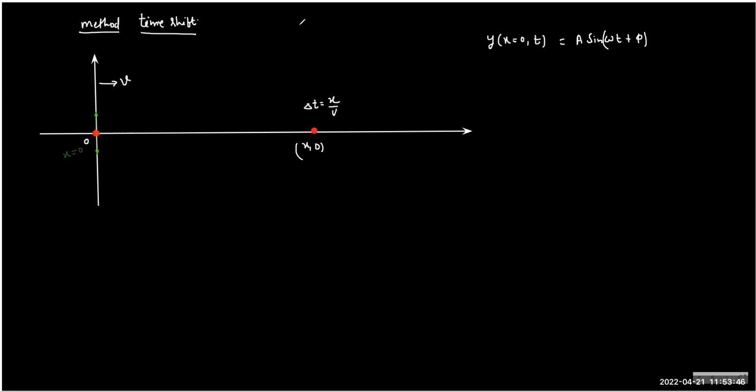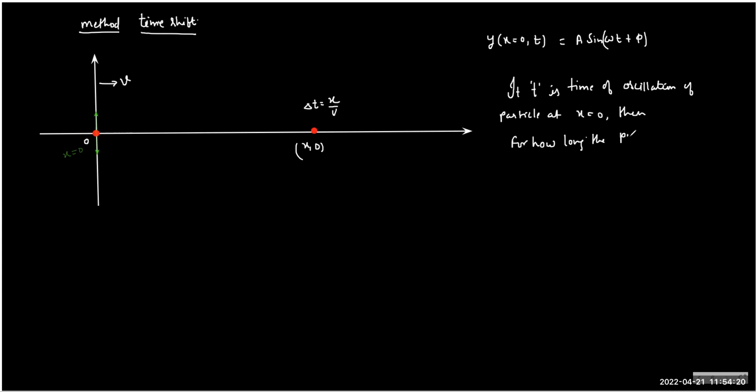So if t is the time of oscillation of the particle at x equals to 0, then for how long must the particle at x equals to x be oscillating?